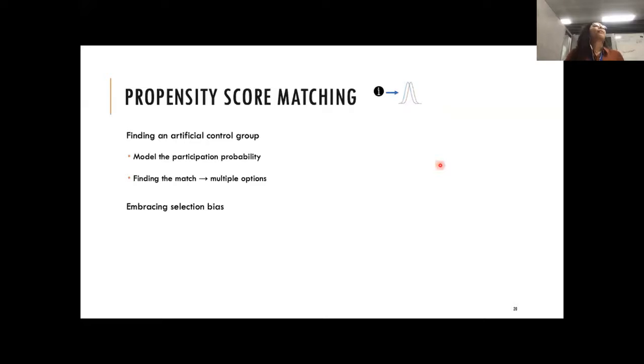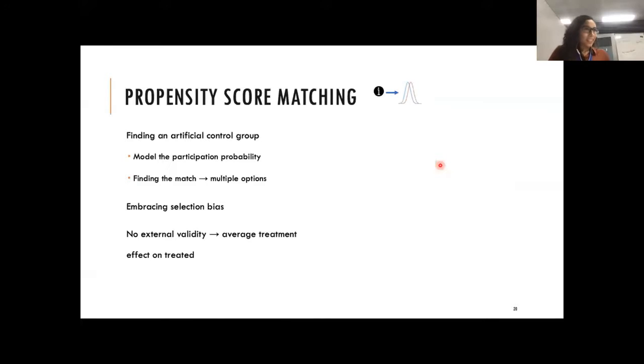There are many ways in which we can find the match. I can try to find the person with the closest probability of participation, or I can create a mixture of the characteristics of the participants, like an artificial participant that has the same probability of participating as the people who got assigned to the treatment group.